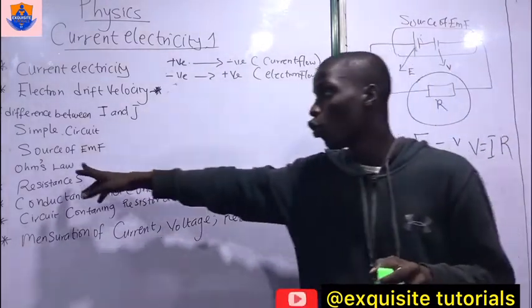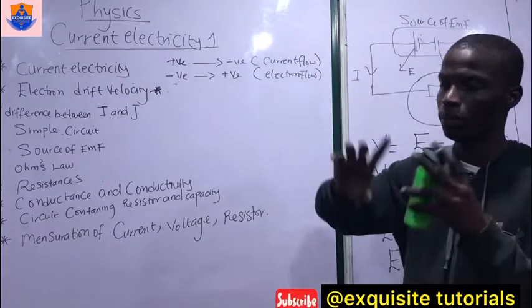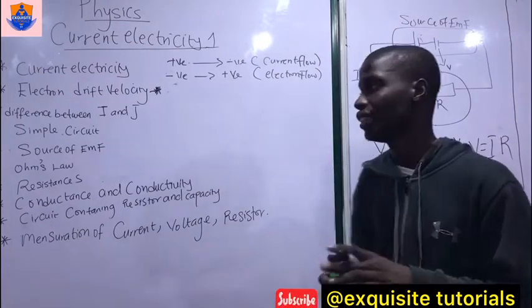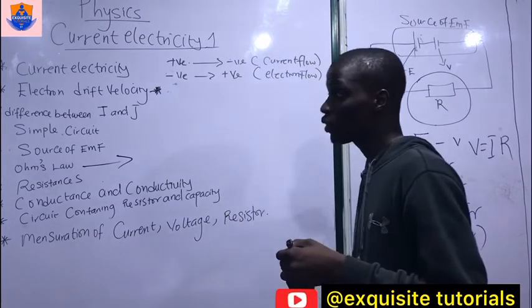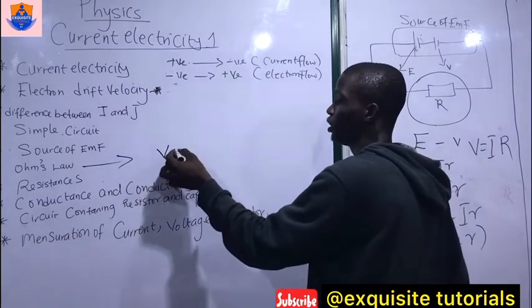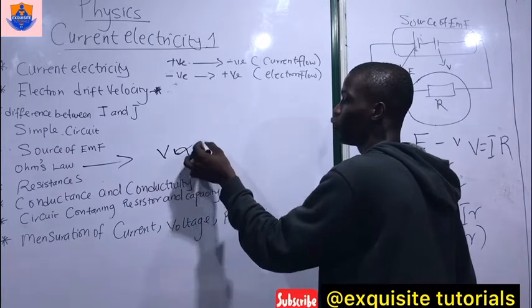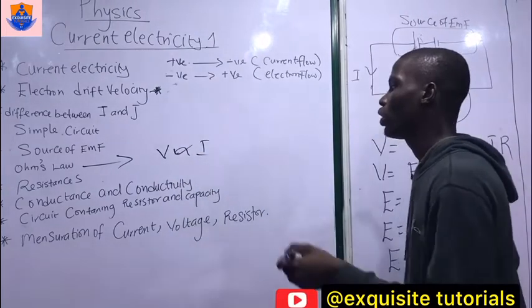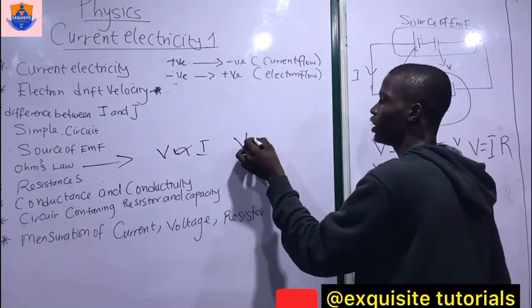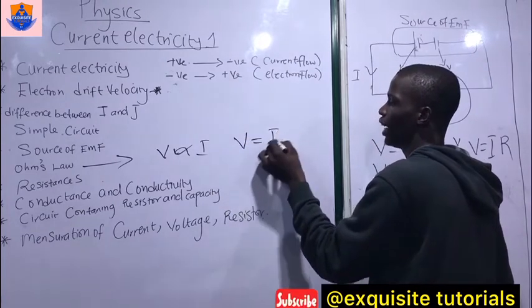So then Ohm's law was given by a particular scientist, where he said that the voltage is directly proportional to the current in any case. So the voltage is equal to IR.